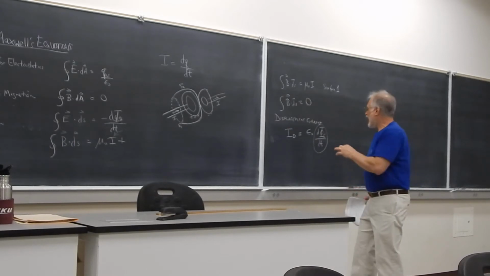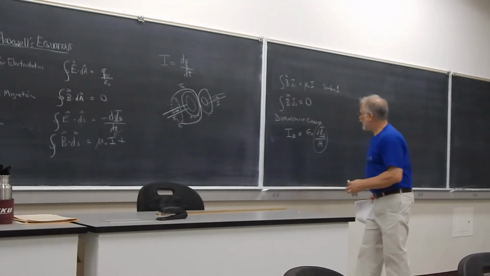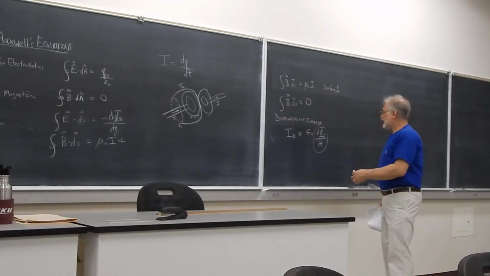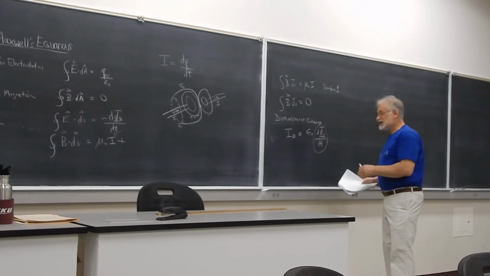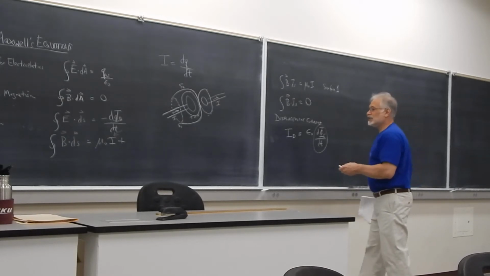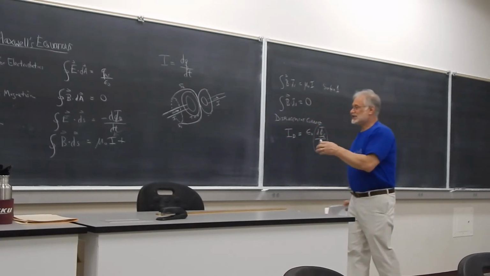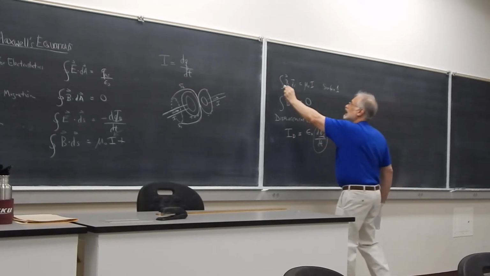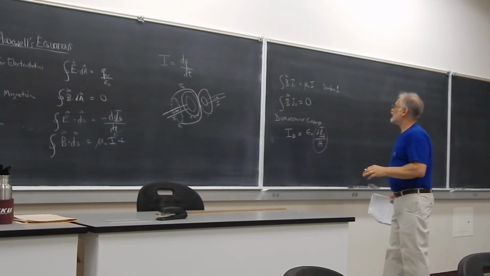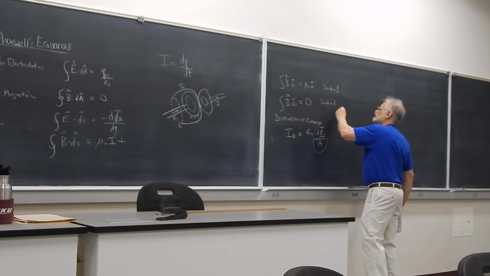In other words, if I could add this term to Ampere's law, that would illustrate that changing electric fields or electric fluxes cause magnetic fields. So this would be two for the price of one. I would make my Faraday's law and Ampere's law symmetric, and I would have an explanation for why I have this apparent discontinuity in current between surface 1 and surface 2.